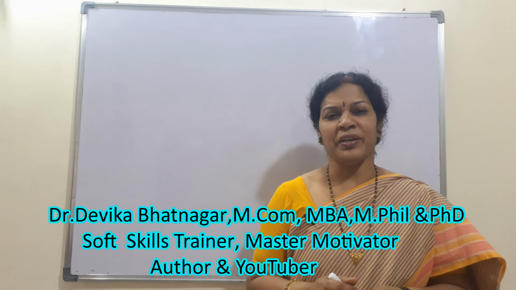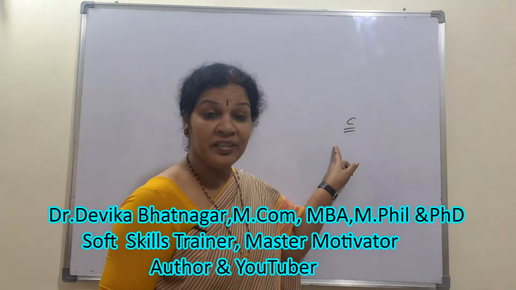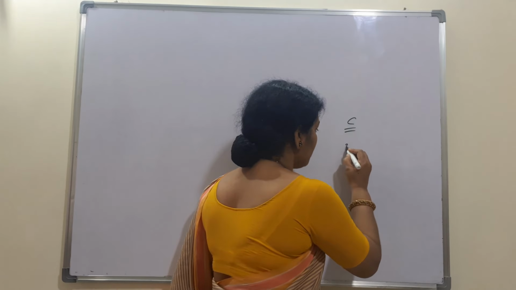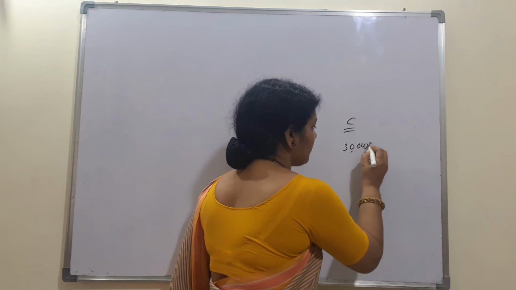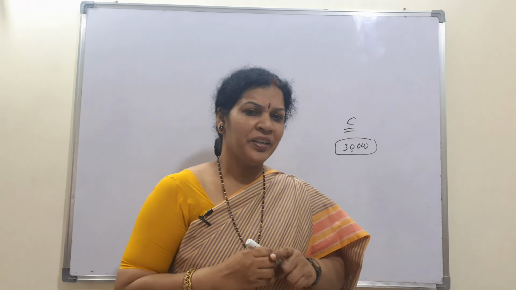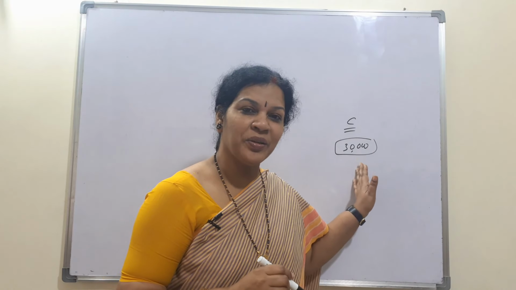Confused? Say for example, C is retiring. As per the calculation, C has to get say 30,000 rupees. Like in the previous problem we have discussed, the retiring partner will be getting cash, right? Now C is not going to get the cash.